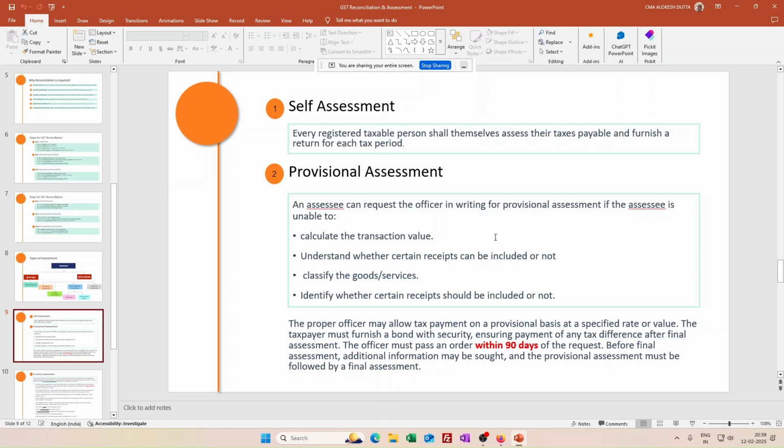So in two or three cases, it may happen that there is a complicated situation where the assessee cannot accurately calculate the taxable amount. So he can take the help of the proper officer of his jurisdiction, requesting provisional assessment to avoid further notice.